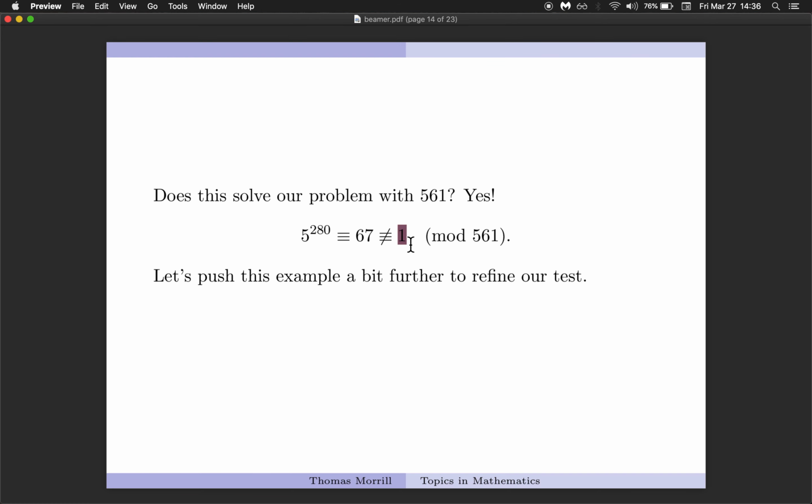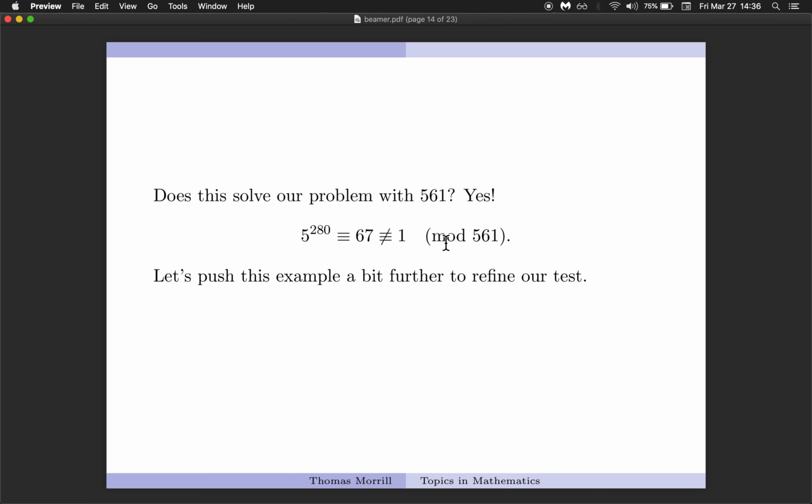And 67 is not 1 mod 561, and 67 is also not minus 1 mod 561. So 67 is a square root of 1, but it's an extra square root of 1. We're not supposed to have that when we work with a prime number. So this test has told me that the Carmichael number 561 is composite, and it does this when my previous test failed to identify 561 as composite.